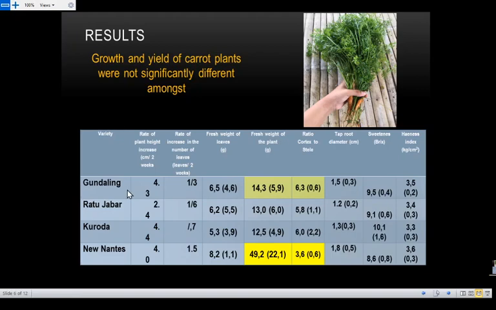However, there is a tendency that Gundaling and New Nantes varieties produce heavier plants as well as heavier fresh weight of the taproot. In addition, it also shows better quality as can be seen by higher ratio of cortex to stele.